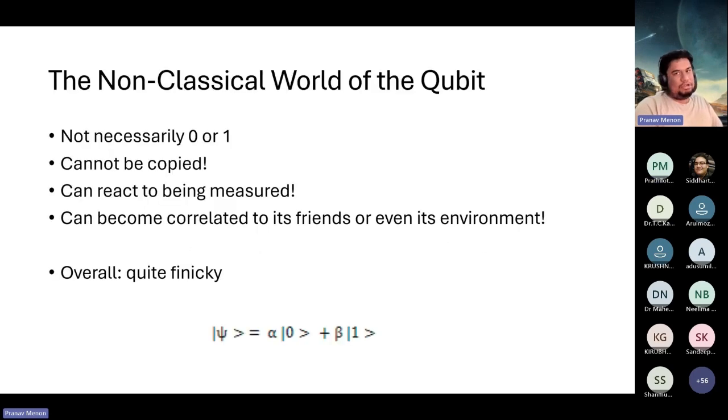And in the non-classical world, when it comes to quantum computing, the main thing that stands out from a normal conventional bit is that the basic unit, which is called a qubit, can be in a superimposed state. It can either be a zero or a one.